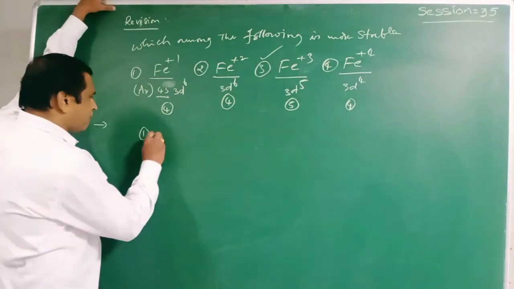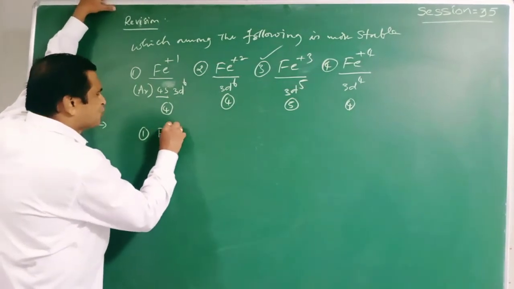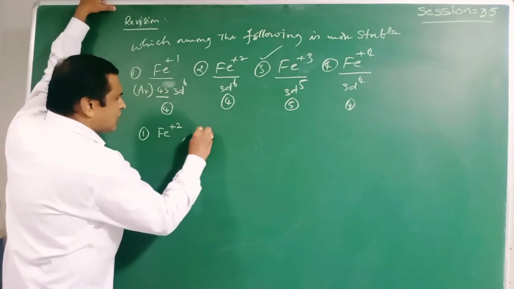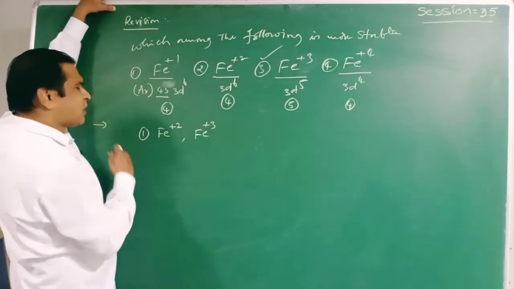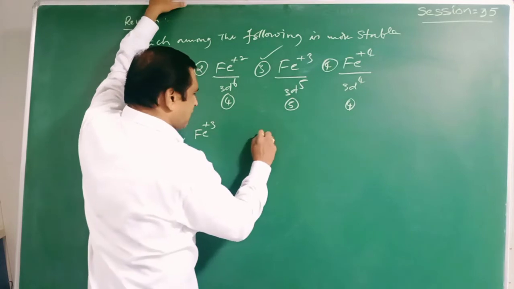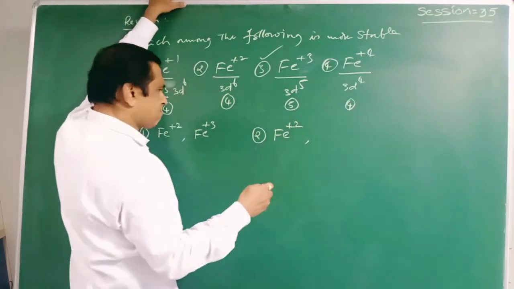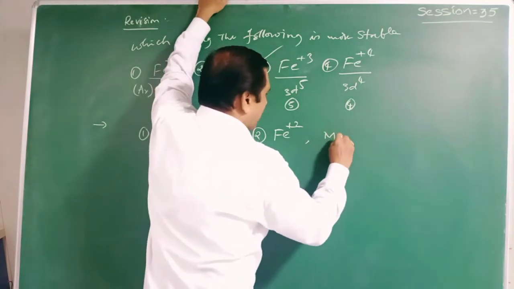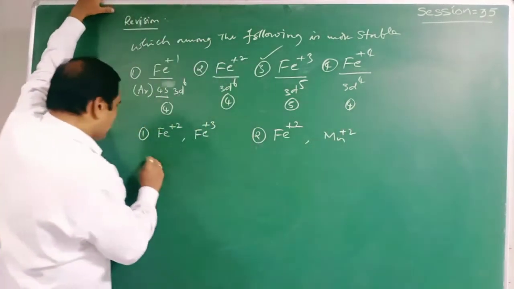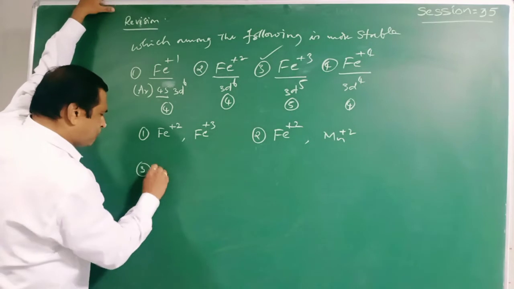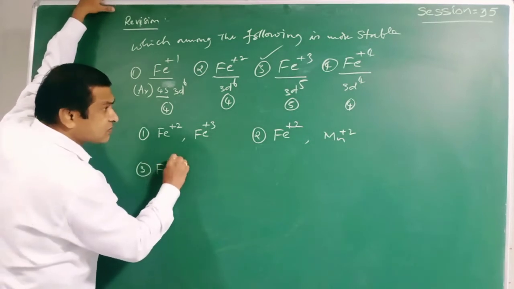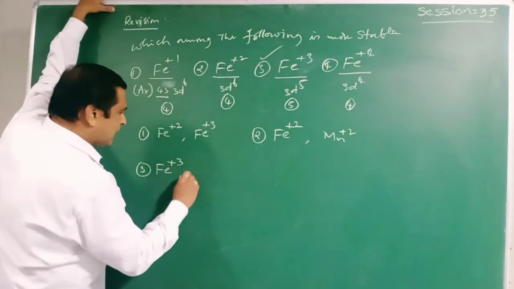First option, Fe plus 2, Fe plus 3. Second option, Fe plus 2, Mn plus 2. Third option, Fe plus 3, Mn plus 2.